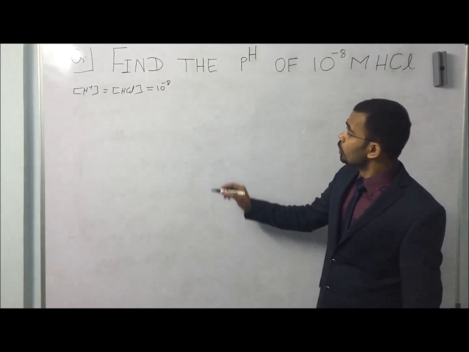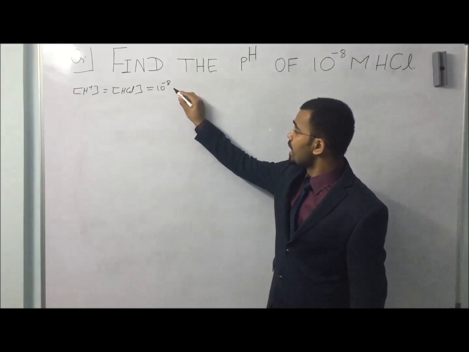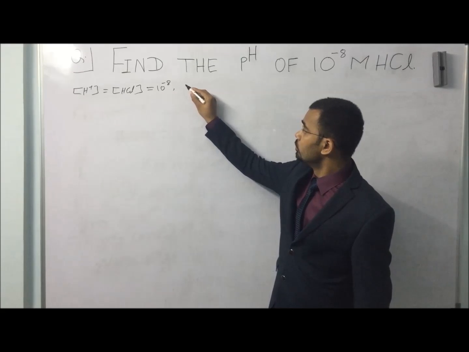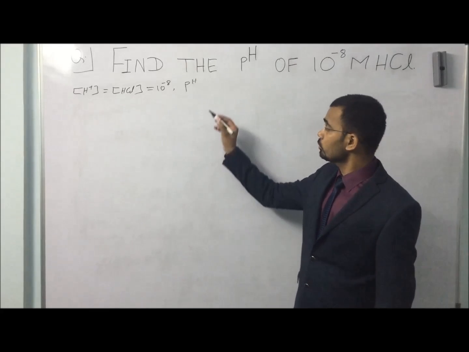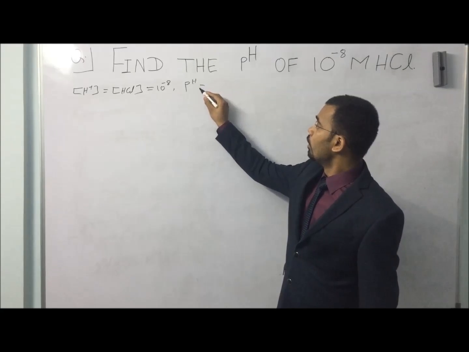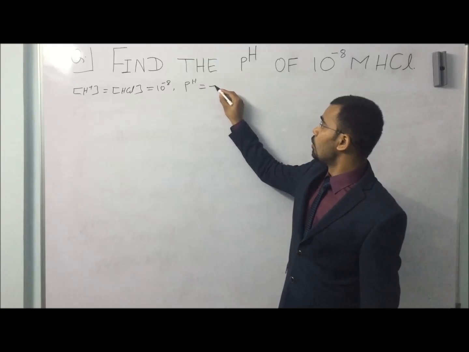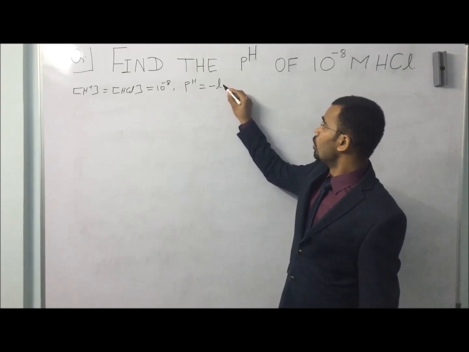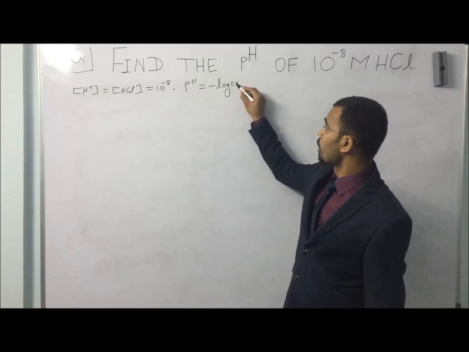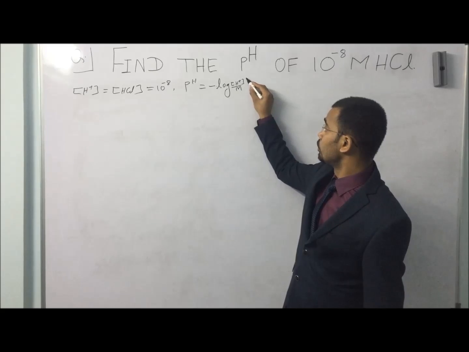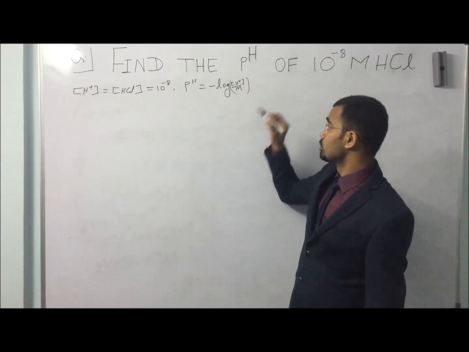Now, according to the definition of pH, the pH will be minus of log of the concentration of H plus divided by the unit of concentration.